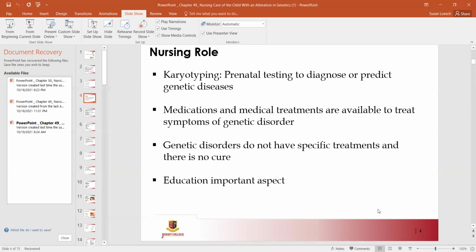So look in your book on page 341, and that will show you the karyotype of a child with Down syndrome. All right, karyotyping is one of the prenatal tests that we use to diagnose or predict genetic diseases.